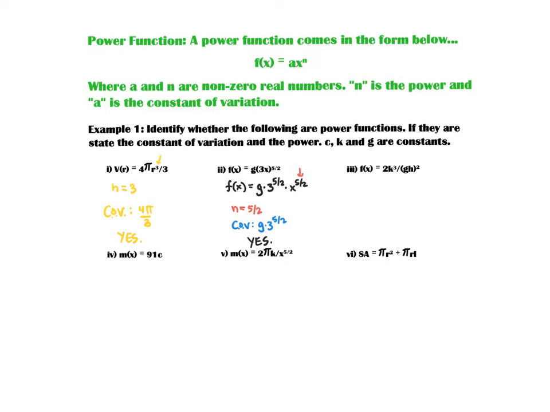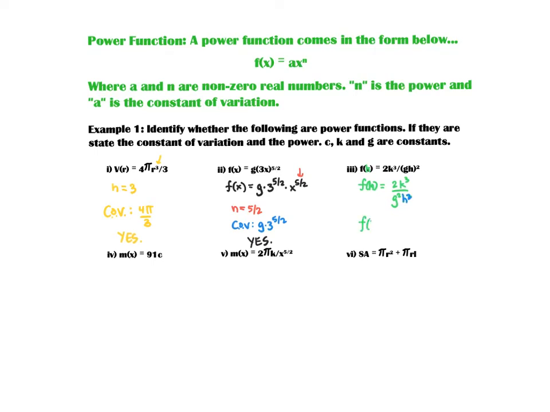Okay, in the third example, let me rewrite this slightly. F of x, oops, I don't have an x here. Let's call this f of h. Okay, f of h is equal to 2k cubed over g squared h squared. So I'm going to rearrange this slightly because my independent variable is h and it's squared.